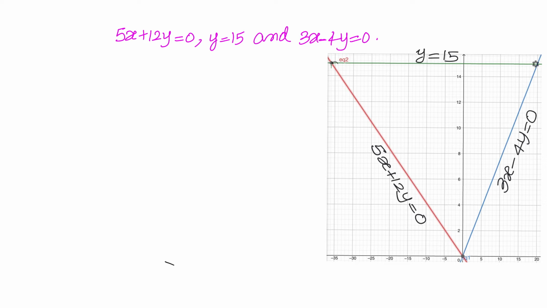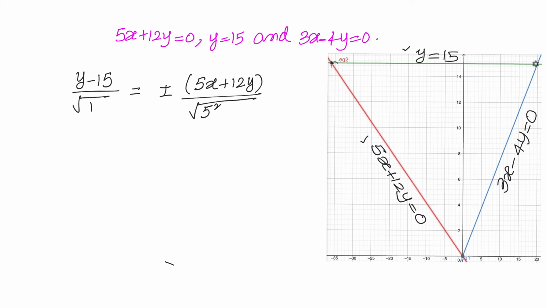So let's go ahead and write down the equations for the angular bisector for y equals 15 and 5x plus 12y equals 0. So I'll write y minus 15 divided by root 1 equals plus or minus (5x plus 12y) divided by root of 5 square plus 12 square.